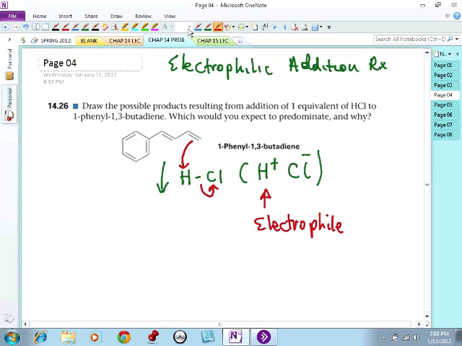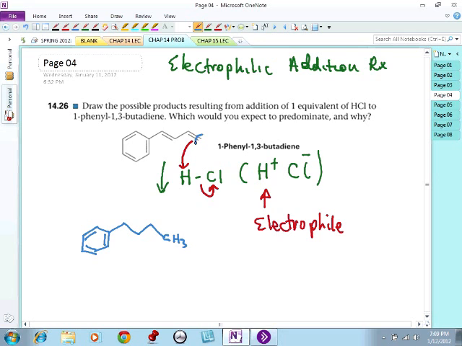So now you form this intermediate carbocation. Okay, so now this becomes your CH3.